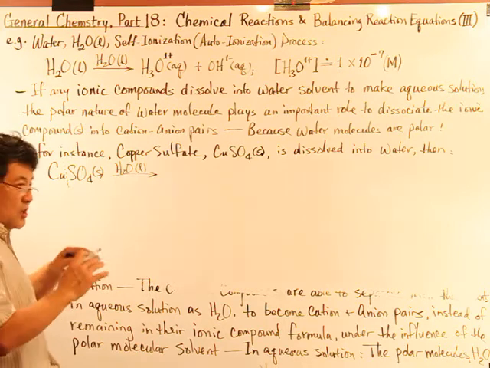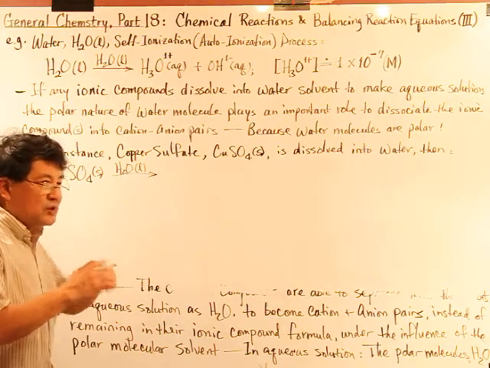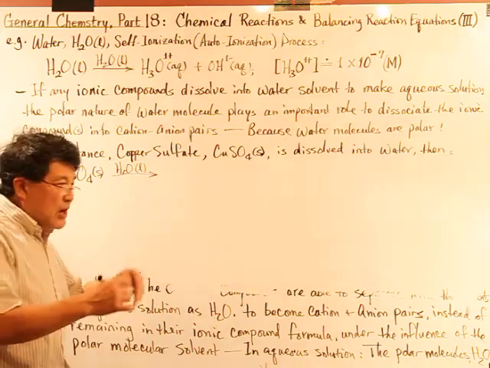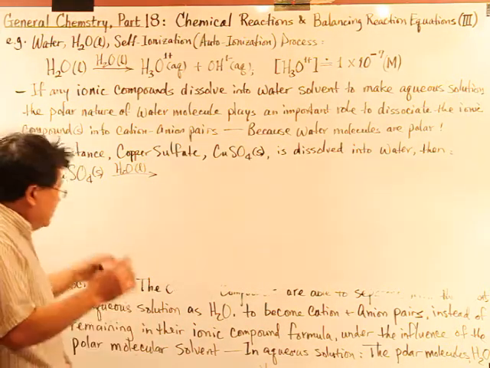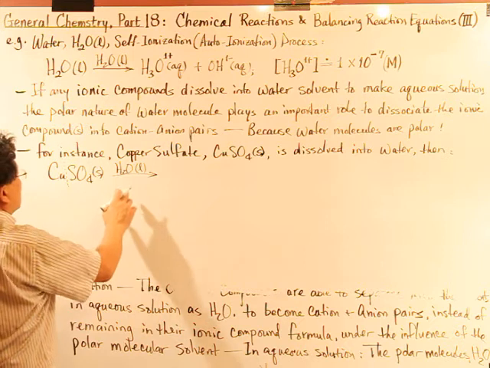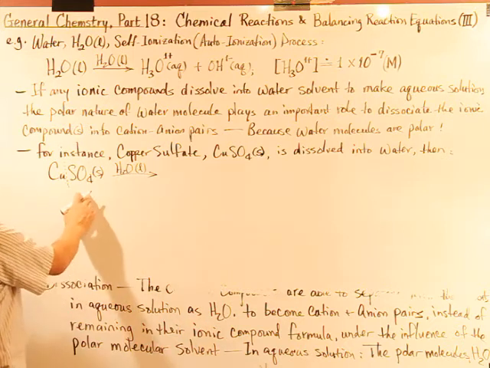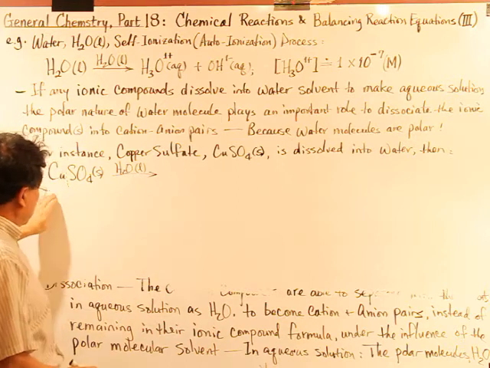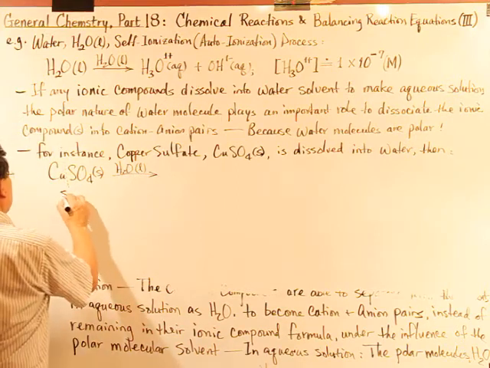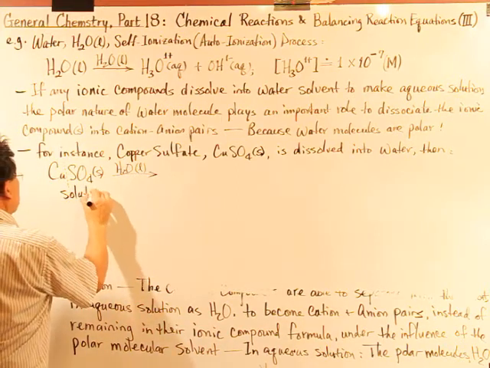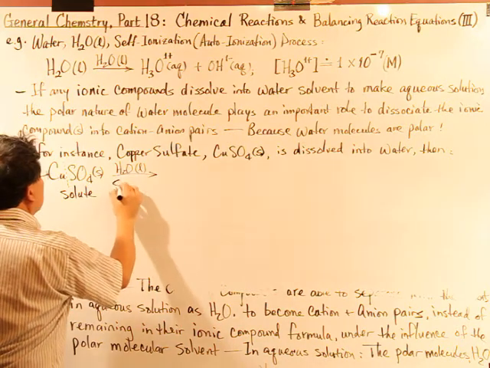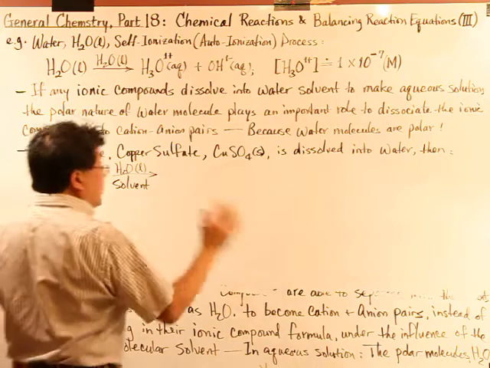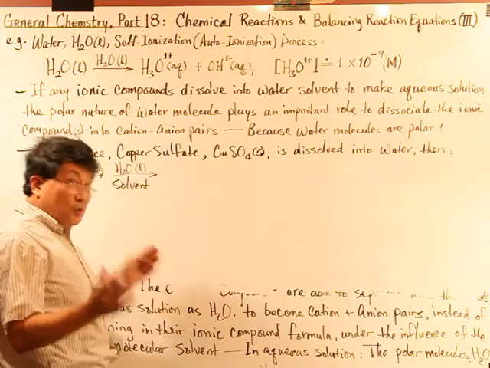It does not go any further to split into sulfur and oxygen atoms or oxygen ions. It will not happen. But if you dissolve this solid ionic compound into the liquid water as solvent, this is the solute, and this is the solvent, the water.